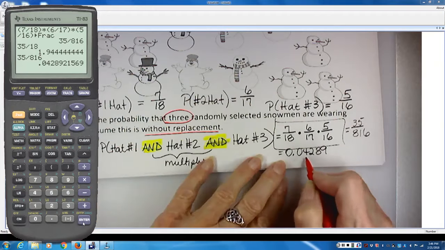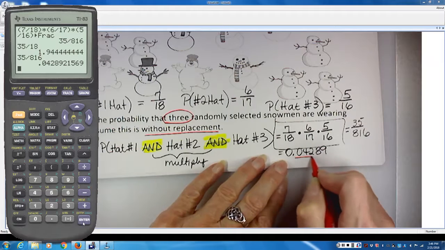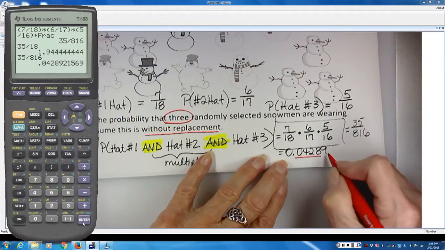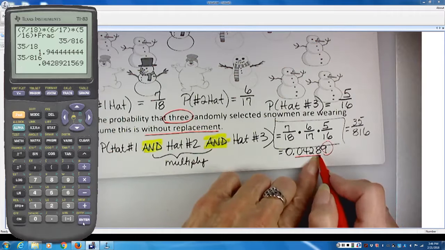Because if I want you to round it, say for example, to 4 decimal places, then I would want you to look at that 9 and say, okay, that 8 becomes 9.